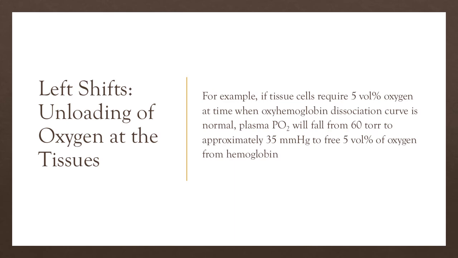For example, if tissue cells require 5% of oxygen at a time when the oxyhemoglobin dissociation curve is normal, plasma PO2 will fall from 60 torr to about 35 millimeters of mercury to free that 5% of oxygen from the hemoglobin.